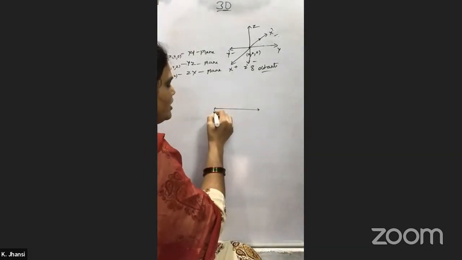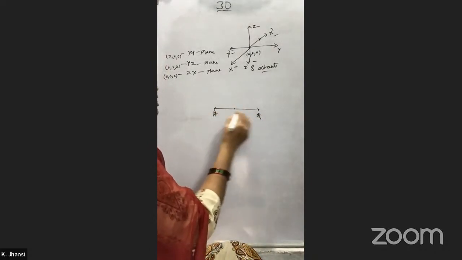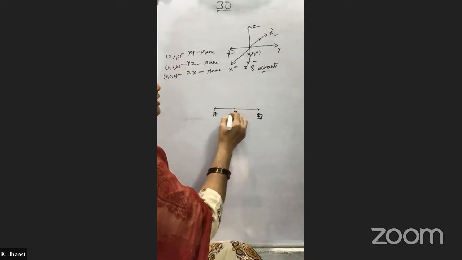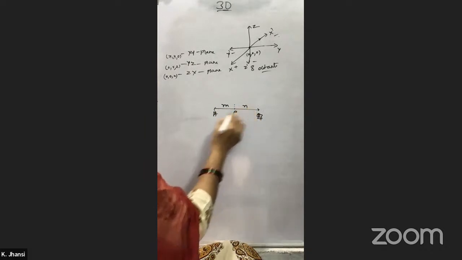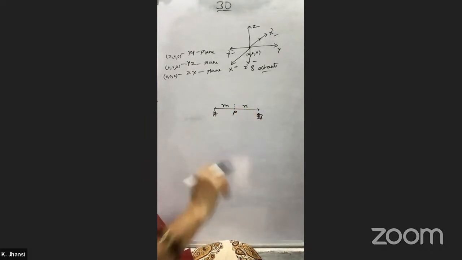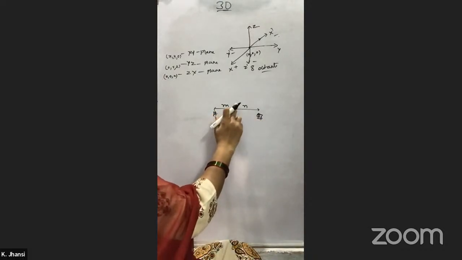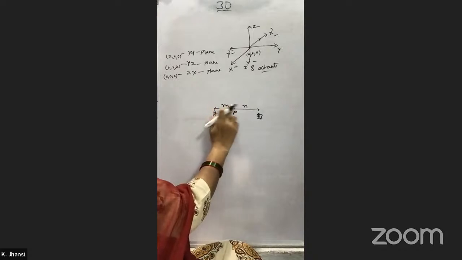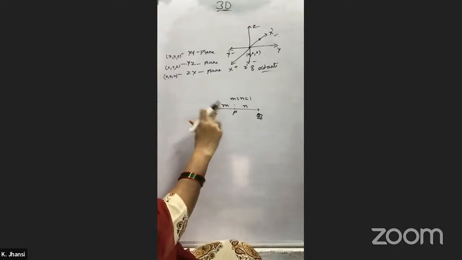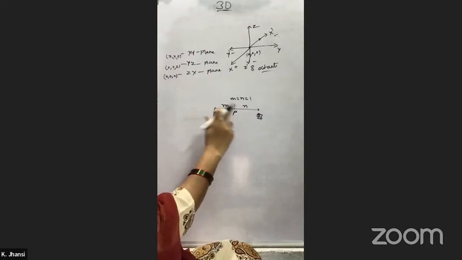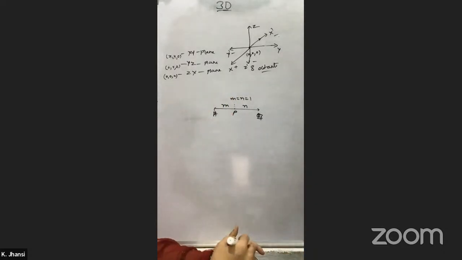If A and B are the endpoints of the line segment and it is dividing at the point P in the ratio M is to N, whenever the ratio of M and N is equal, it is called a midpoint. If both are equal, then we call it the midpoint of the line.